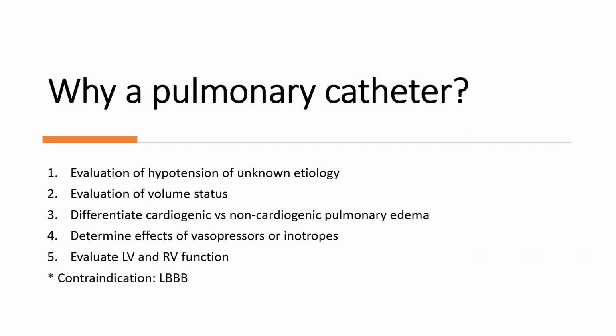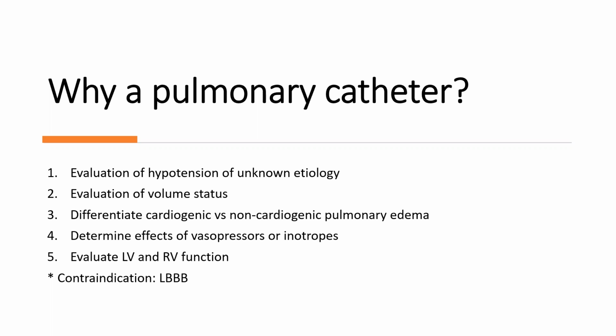Now, there's one thing that is important in the understanding of why pulmonary artery catheters are used, and that is the contraindication. This is just a reminder at the outset. A relative contraindication of a pulmonary artery catheter is the presence of a left bundle branch block.